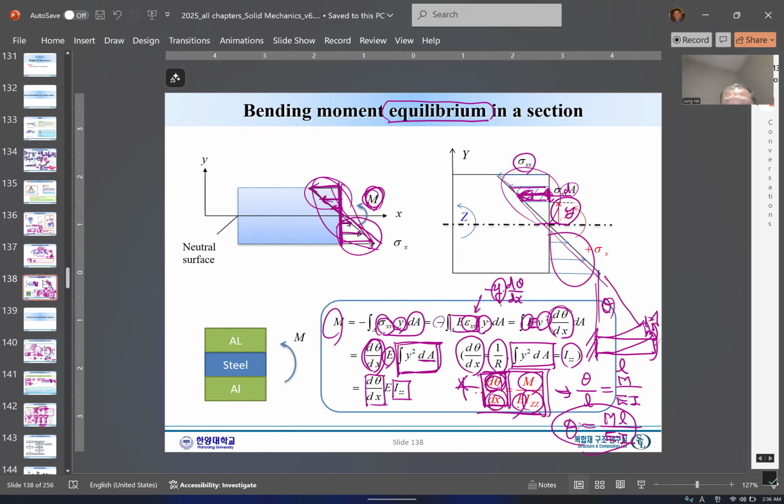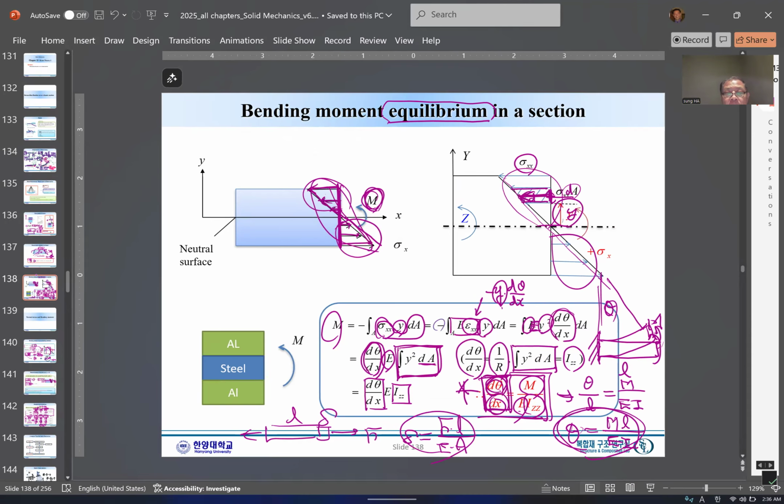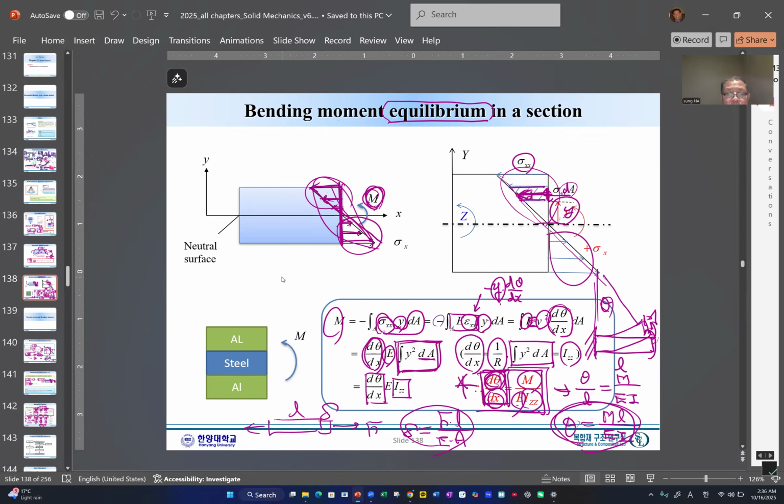Again, this is very similar to the extension. When we apply the force, we have how much the delta is here. So delta will be the force times L over EA. You can see that there is pretty much the same analogy between each of the one-dimensional structures.